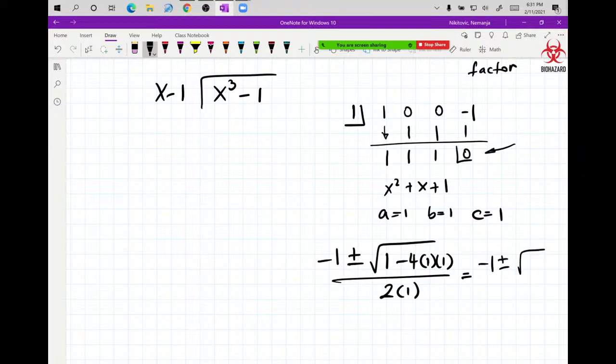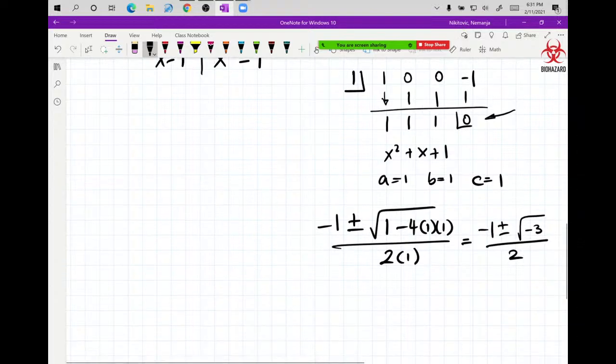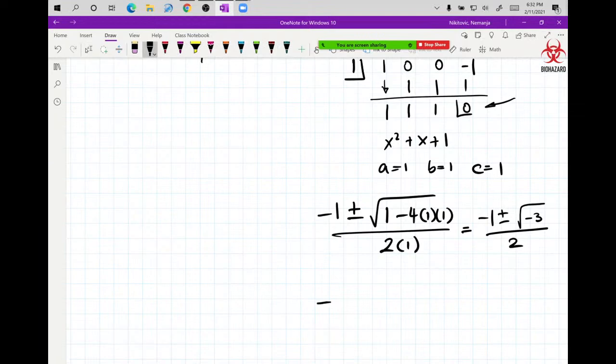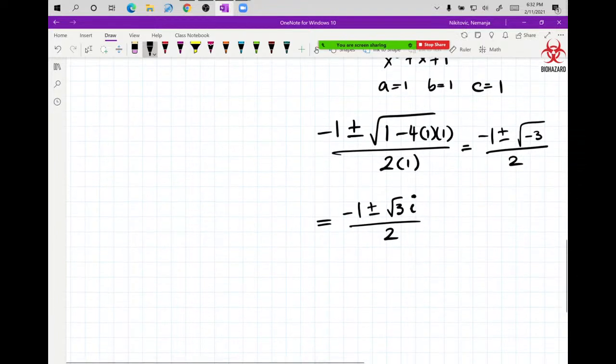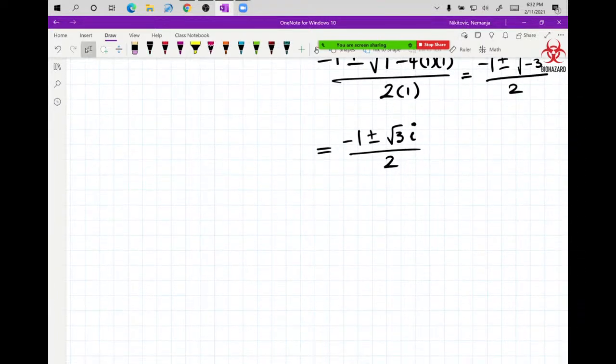This is negative 3 now under the root. And then we have a 2 over here. So now, a little bit of our complex numbers. Negative 1 plus or minus root 3 i over 2. There they are. They're complex, but that's okay. We should not discriminate, right? Be decent people like once in your life.